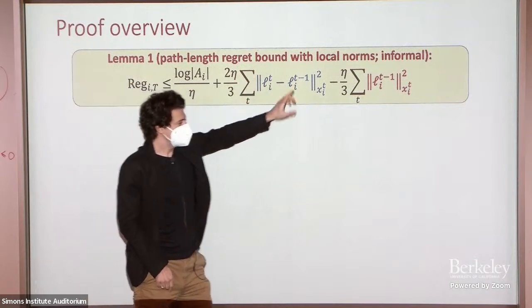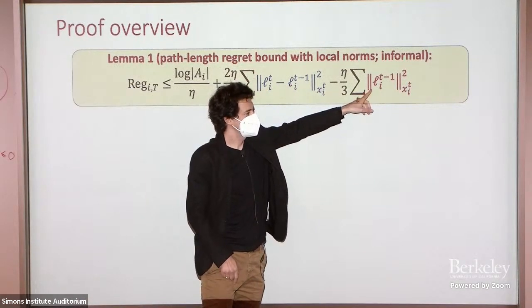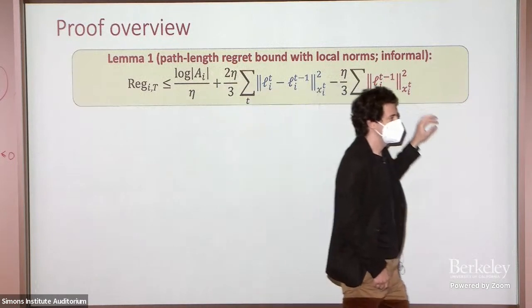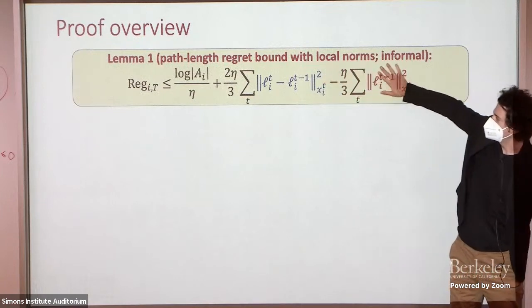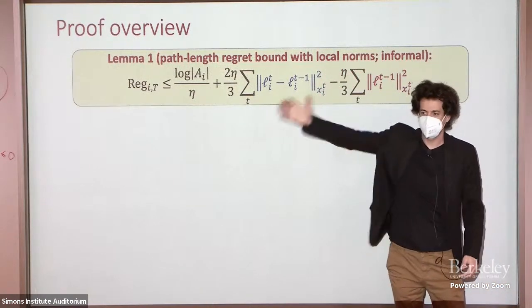Now, in this upper bound, there is this other term, which is the losses. So in the previous analysis, this term was ignored. And if you only use that, you can still improve the rates.